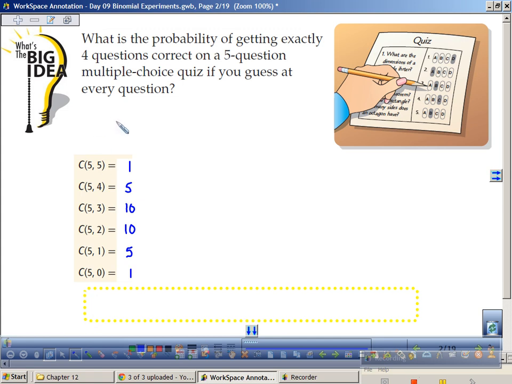So getting a question correct would be right, and getting a question wrong would be wrong, right? So if I wanted, and it's a 5-question test, so we have a right or a wrong answer.